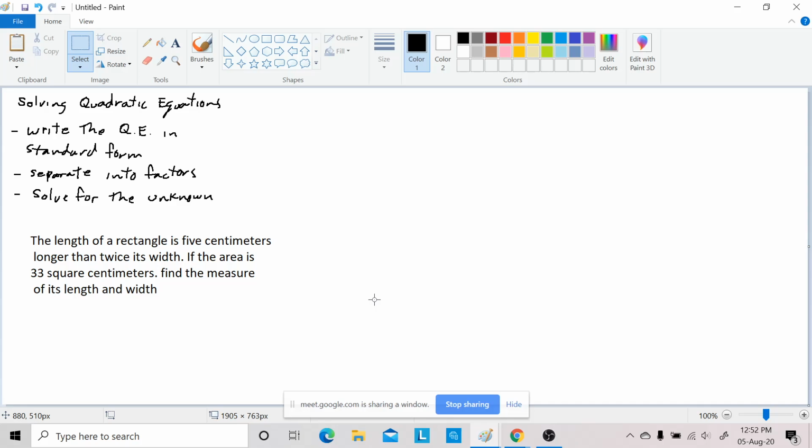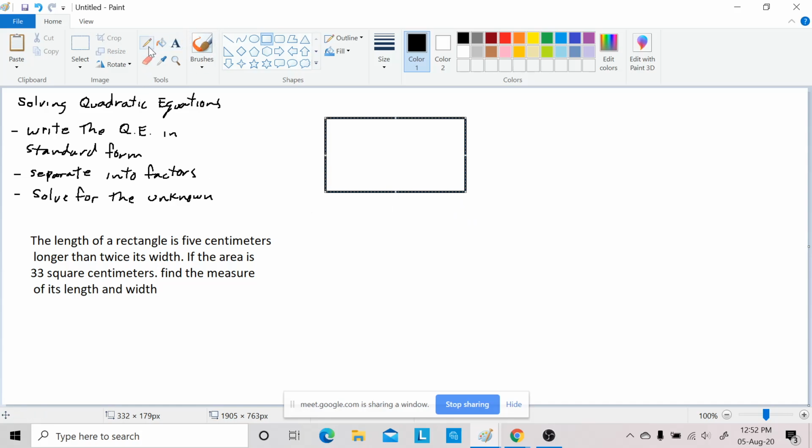We try to represent the thing that is happening inside the problem in a drawing. So we have a rectangle, right? If we draw a rectangle like this, at least it will help us visualize the problem.